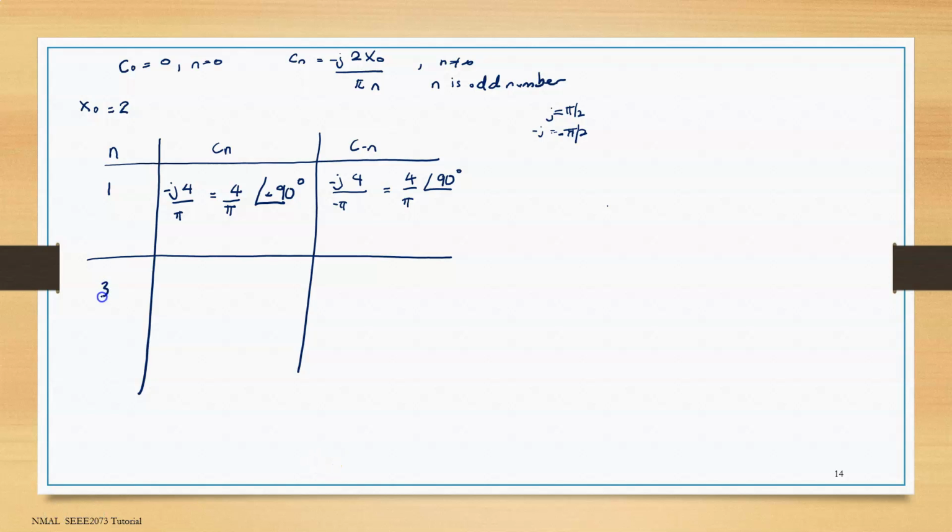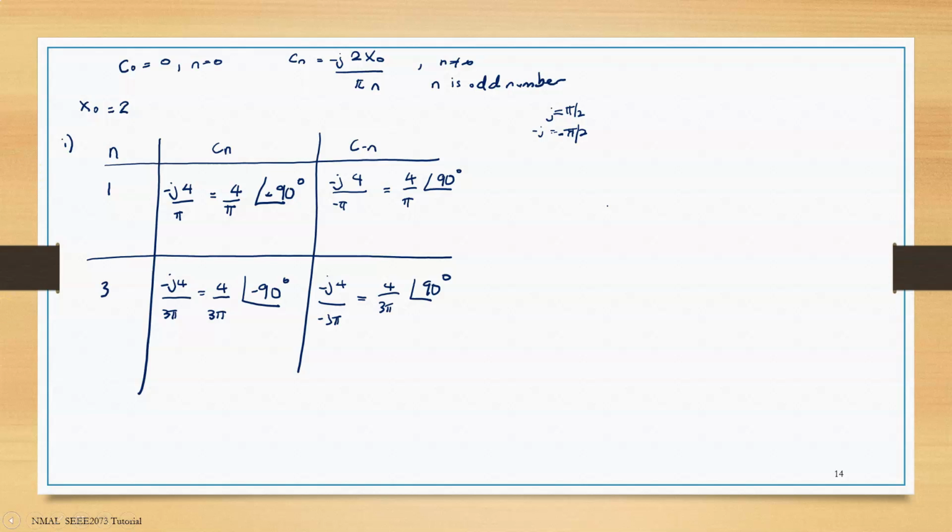For n equals 3, this is negative j 4 divided by 3 pi, so it becomes 4 over 3 pi at negative 90 degrees, and for n equals negative 3, it becomes like this. Now you have answered the first question, which asks you to determine the complex Fourier series for the given waveform up until the third harmonic.